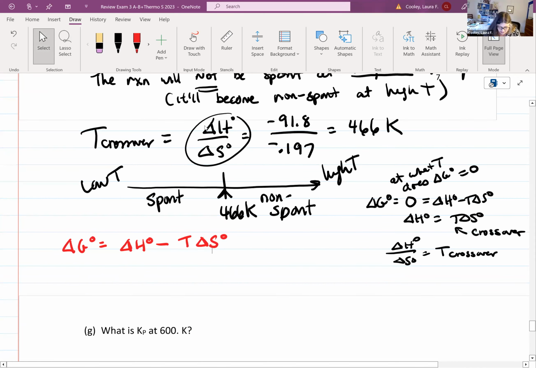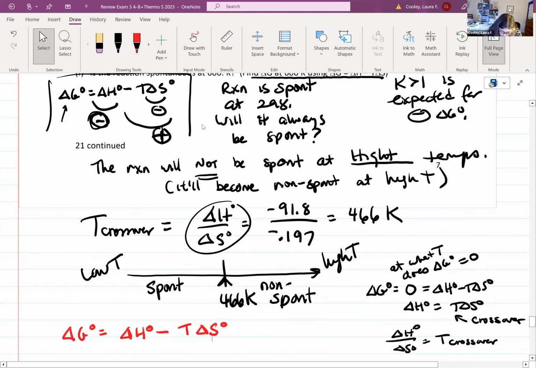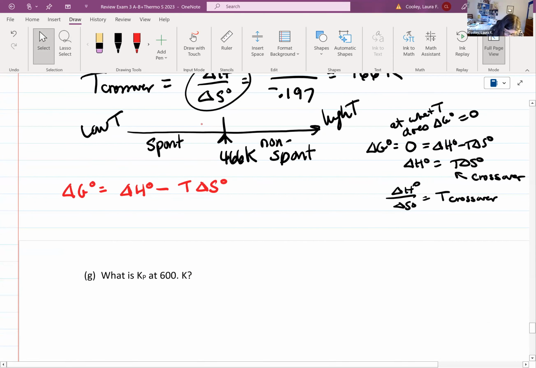So I think I said, let's calculate the delta G at 600. By the way, this is assuming delta H and delta S don't change, which, if you took PChem, you'd learn that they do change, but not by that much. So this was the delta H that we got, and now we want to put 600 Kelvin in here. And the delta S is, again, negative 0.197 kilojoules per Kelvin.